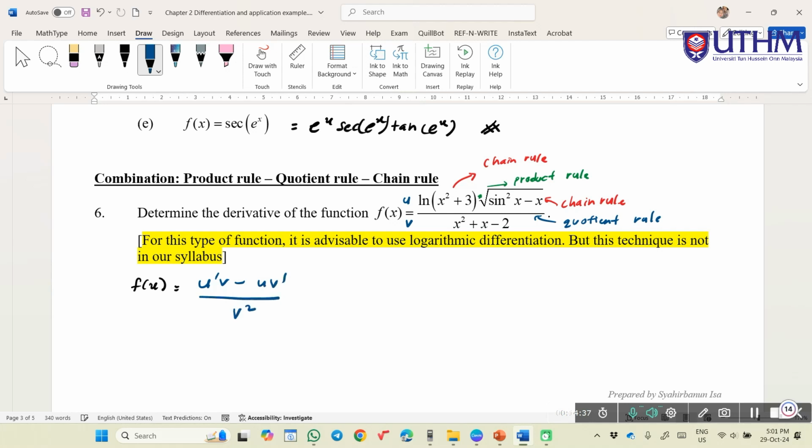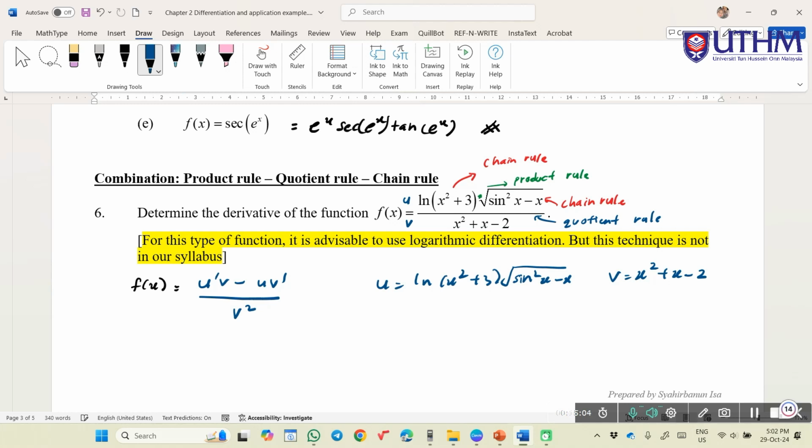Where our u now is ln of x cubed plus 3, times square root of sine squared x minus x. Our v now is x squared plus x minus 2. For the v prime there should be no problem.